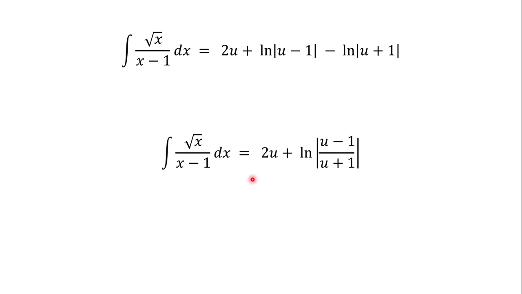So what do you have to do? You have to go back to what? The x word. Going back to the x word, we know that u is equal to square root of x. U is equal to square root of what? X. So since we know that u is equal to square root of x, wherever we see u, we are going to put square root of what?